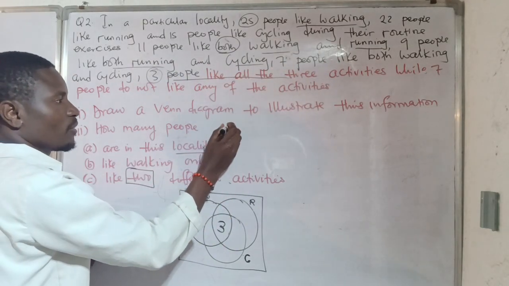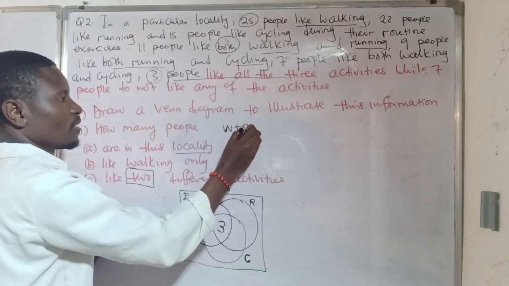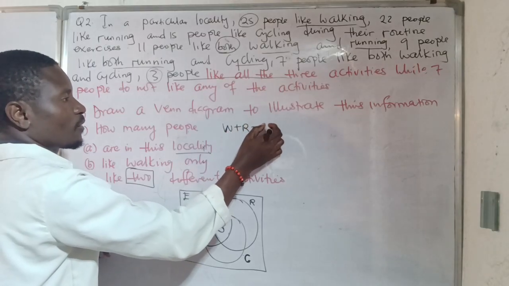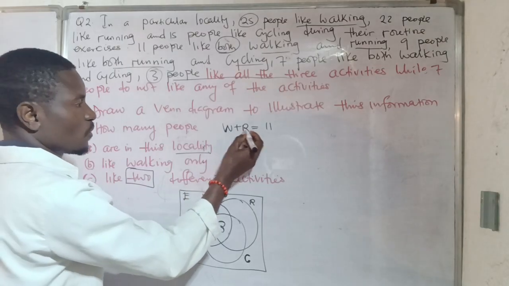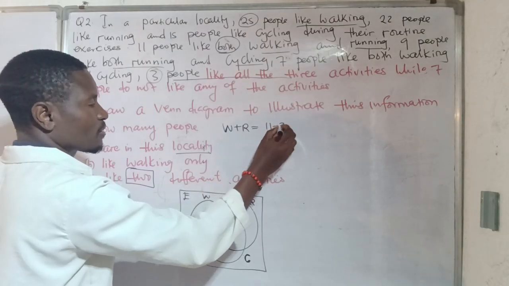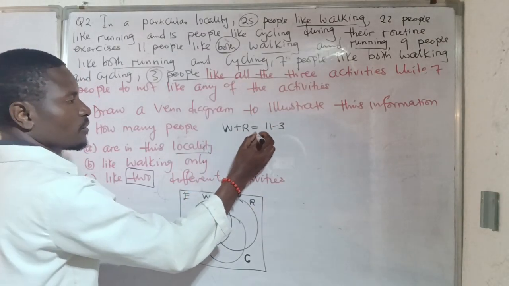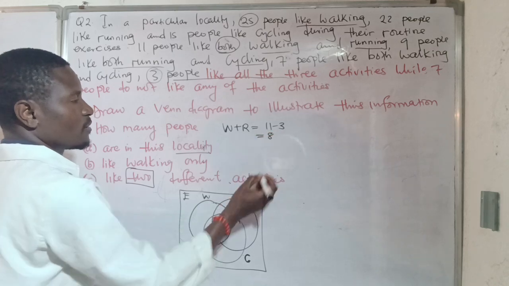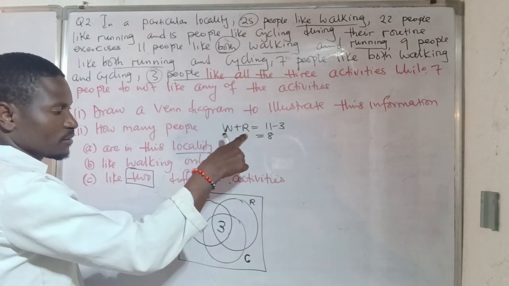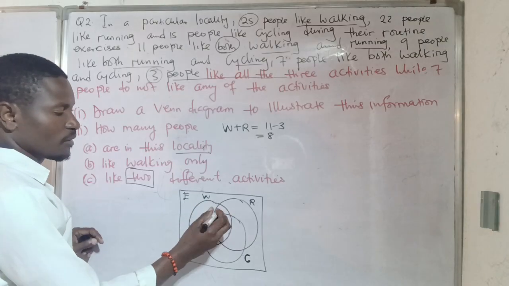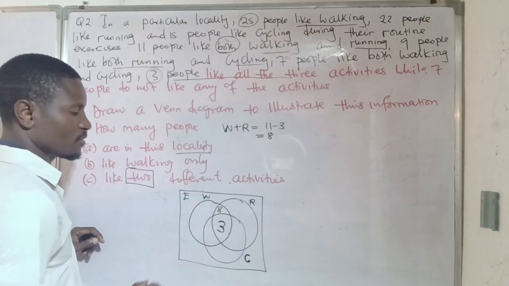So walking plus running should give us 11. We have to subtract 3 from there, and then we get 8. So walking and running is going to be 8.